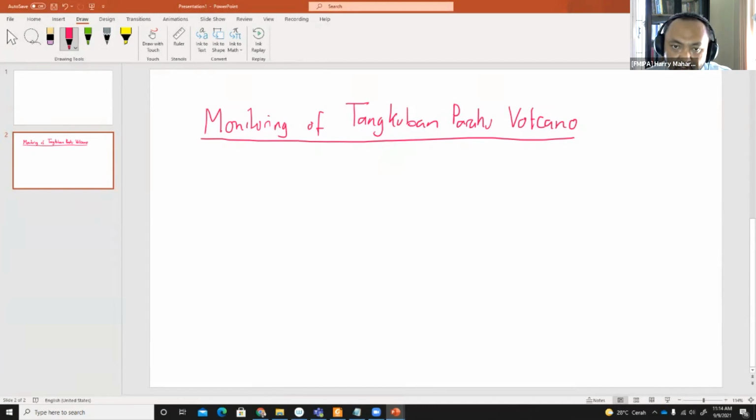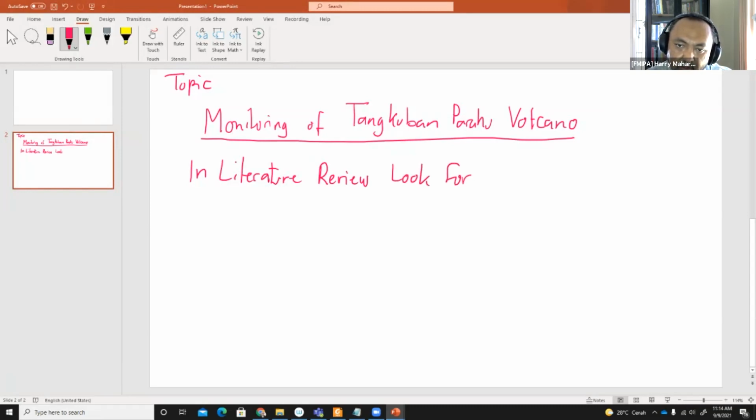So what I need to do first is look for several pieces of literature. So in the literature review, okay, this is the topic. In the literature review, I want to look for information on several things.